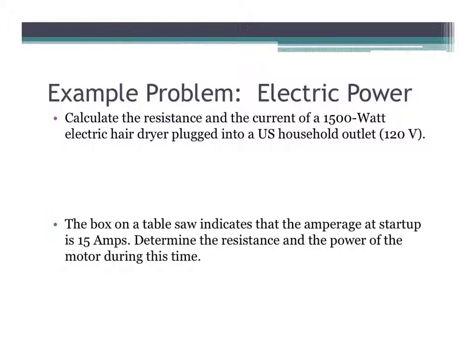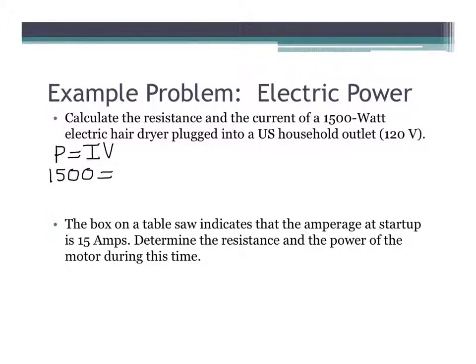So we've got a couple of examples using the power calculation for electric circuits. This says calculate the resistance and the current of a 1,500 watt electric hairdryer plugged into a U.S. household outlet with a voltage of 120 volts. Well, we just learned that power is the same as taking current times voltage. We know the power consumed by this hairdryer is 1,500 watts.